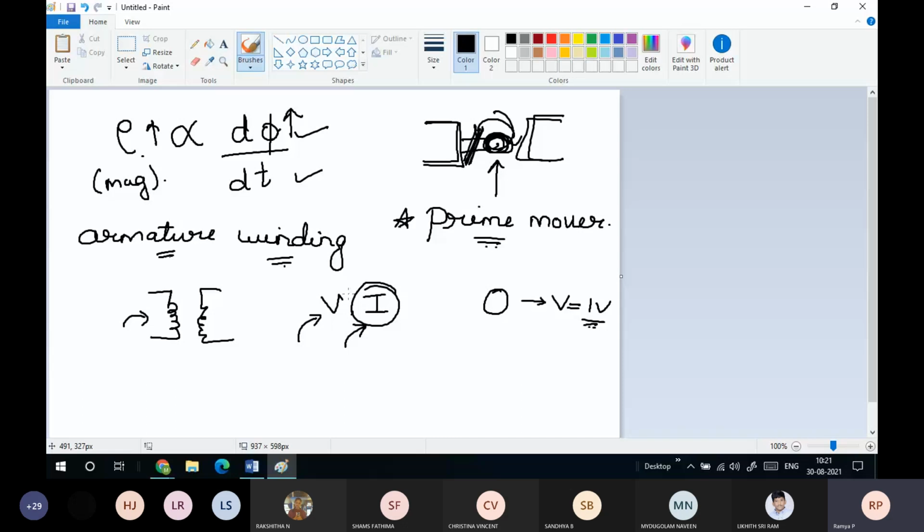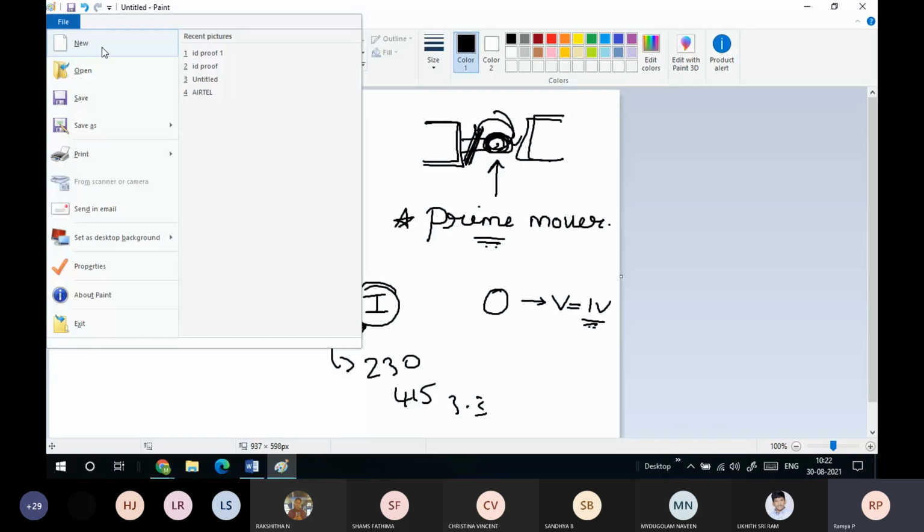So I'm going to maintain a constant voltage, whether it is 230 volts or 415 volts or 3.3 kV based on my requirement. But the flux lines that it is generating here has to be increased.